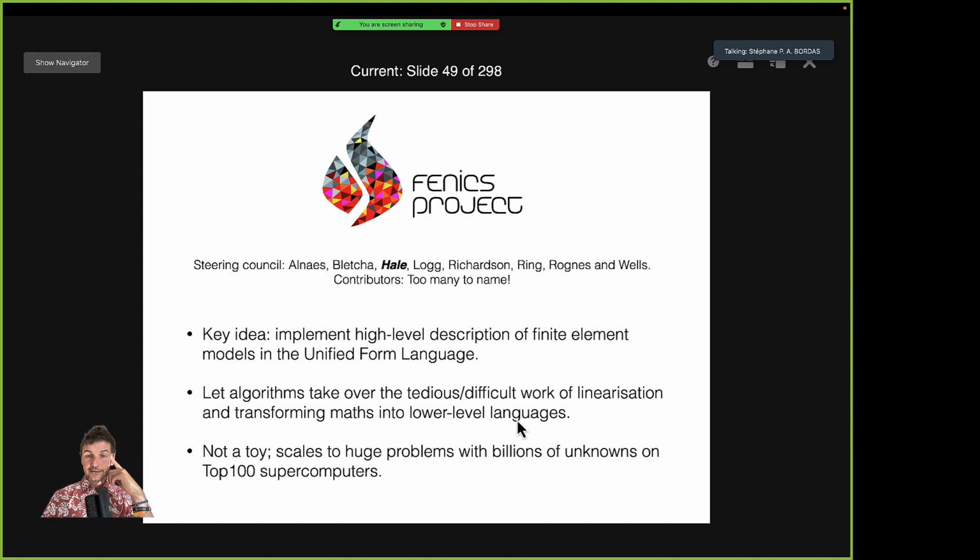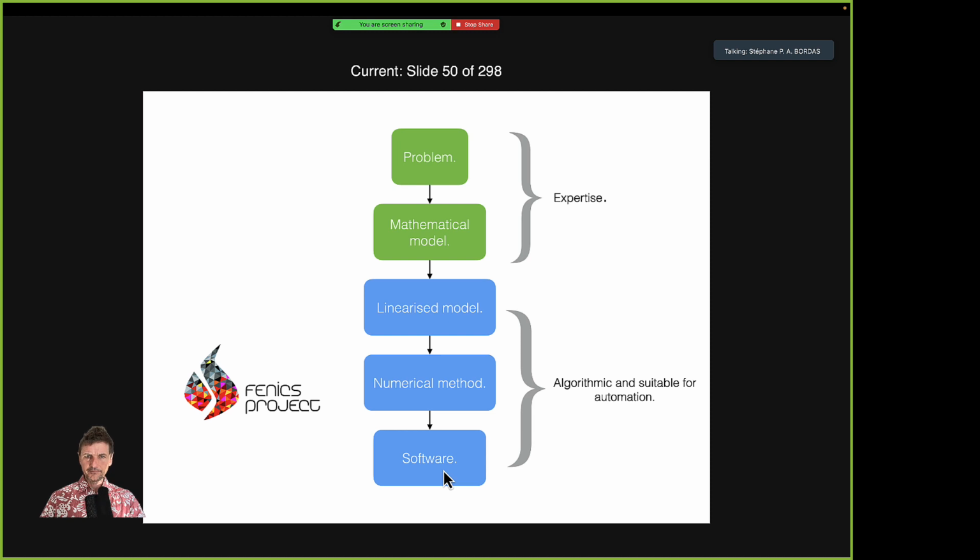And then you let algorithms take over the work of linearization, transforming math into lower-level languages that are used at the computer level. And this is very difficult to do, and it scales to really huge problems with billions of unknowns on the top 100 supercomputers. So it is something very serious.